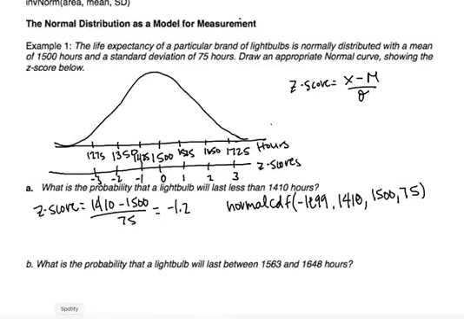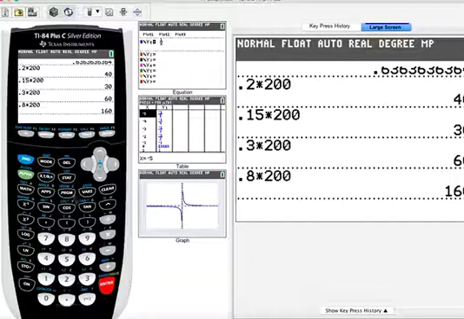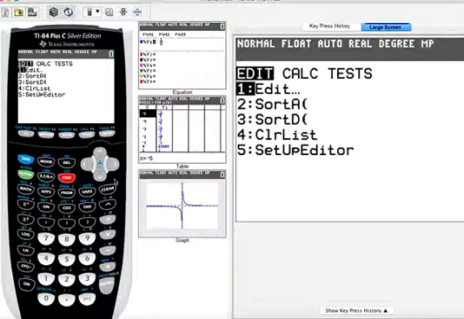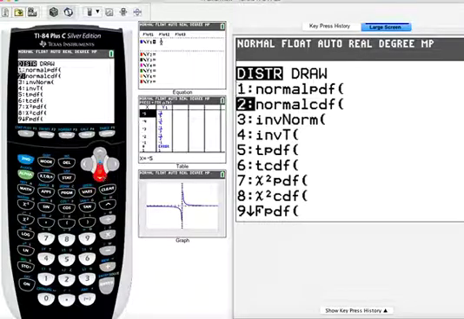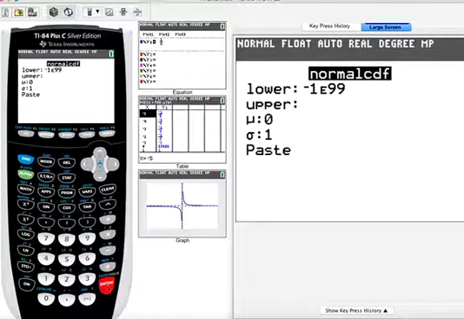So whenever you go to do this on the calculator, you would do second bars, you would do normal CDF, where your lower bound is negative 1e99, your upper bound is 1,410, your mean is 1,500, and your standard deviation is 75.